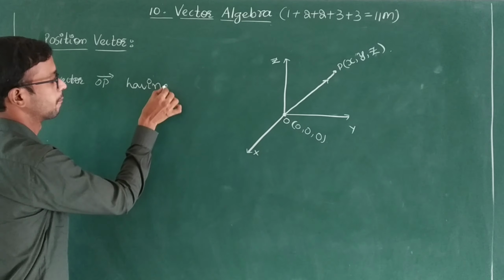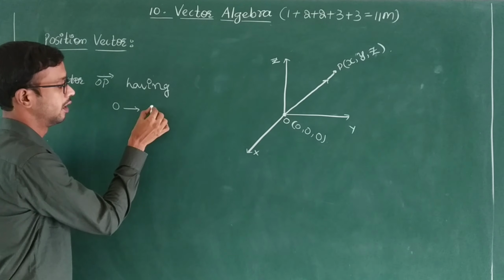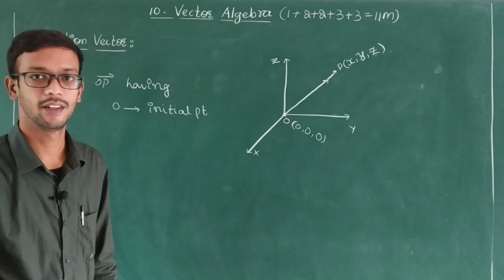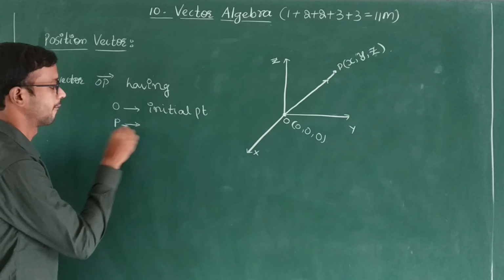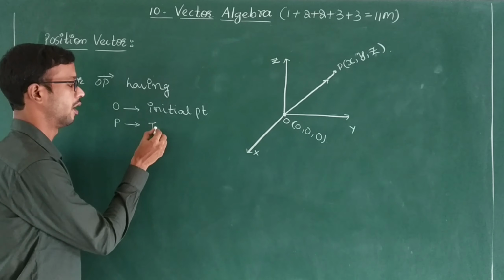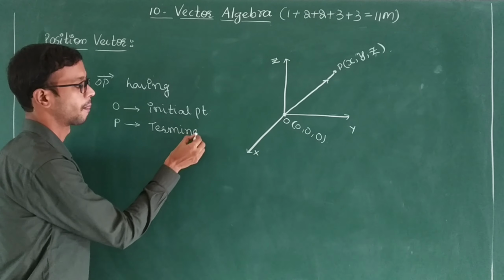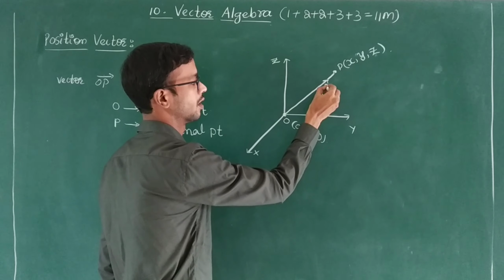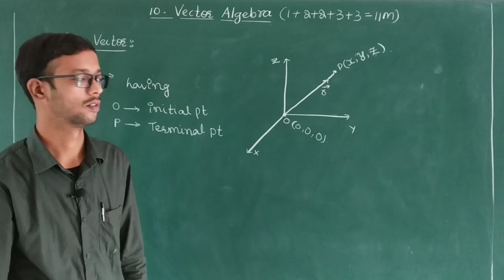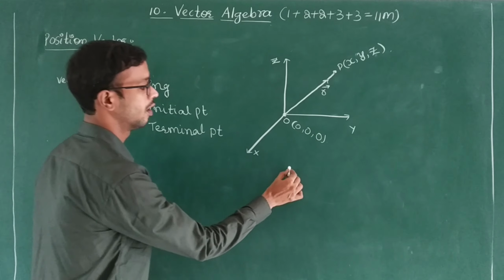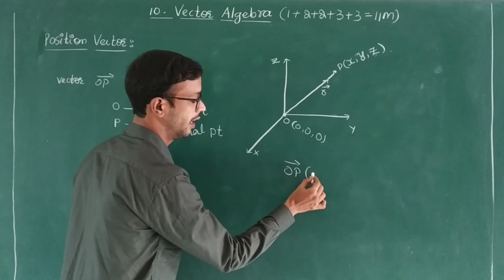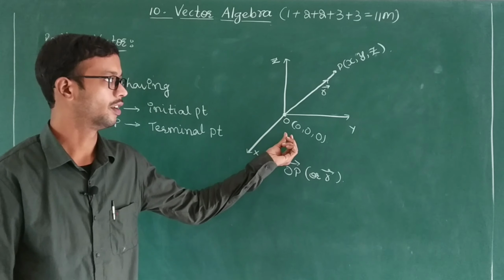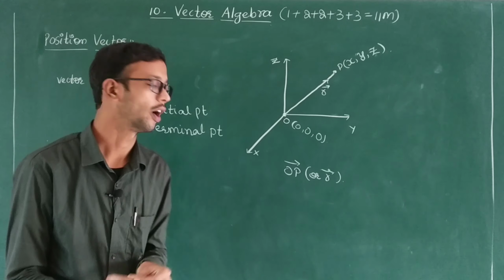O is the initial point and P is the terminal point. And we write this as R bar, the general notation. So OP bar is nothing but R bar. O is the initial point, P is the terminal point.